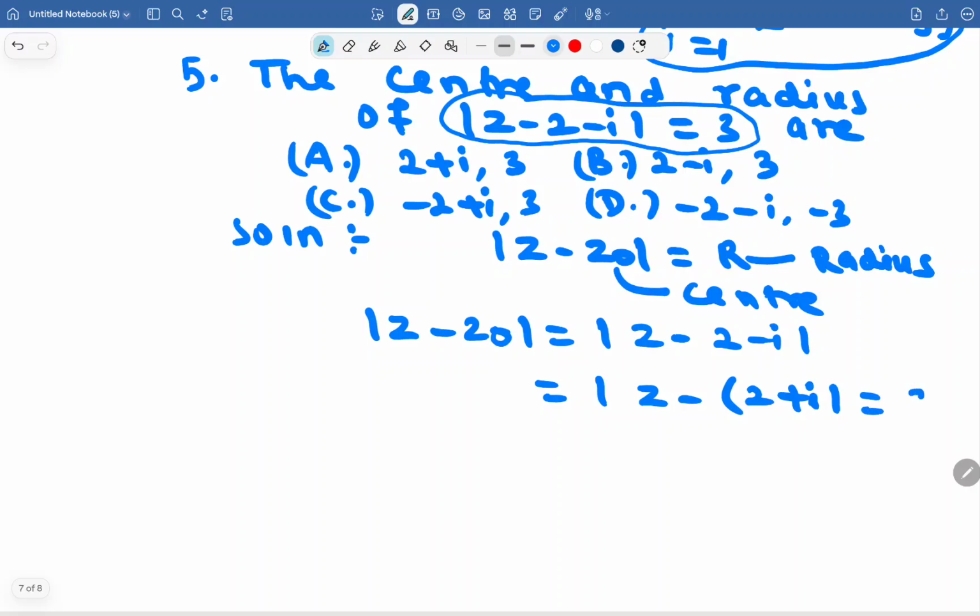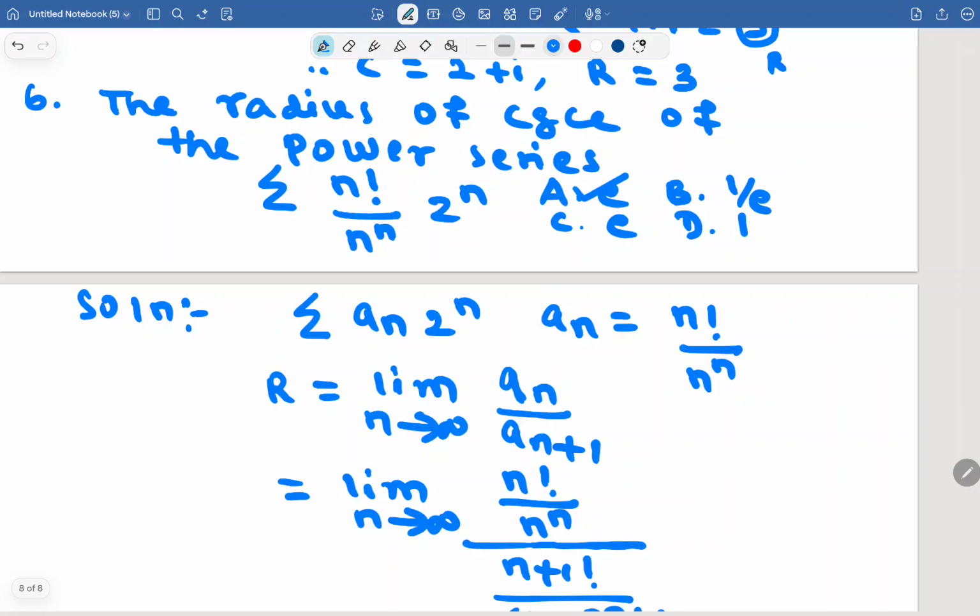R is nothing but 3 here. This is the radius, this is the center. Therefore the center is 2 plus i. What is the radius? 3. For this problem, option A is the correct one.